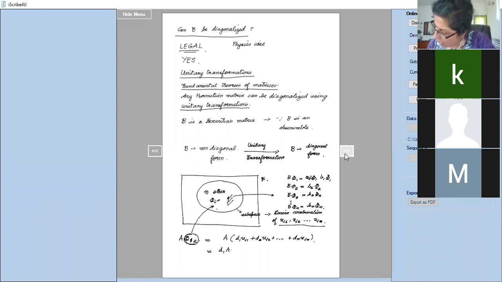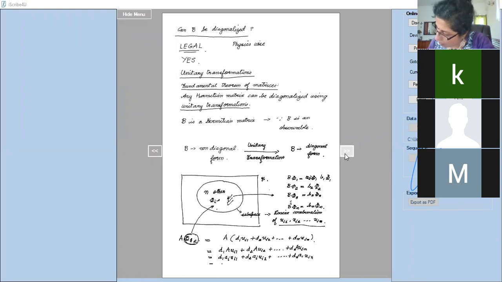d1 A ui1 plus d2 A ui2 plus dn A uin, which is going to be d1. What is A acting on ui1? We know it is nothing but ai ui1, plus d2 ai ui2, plus, like this, you will get dn ai uin.